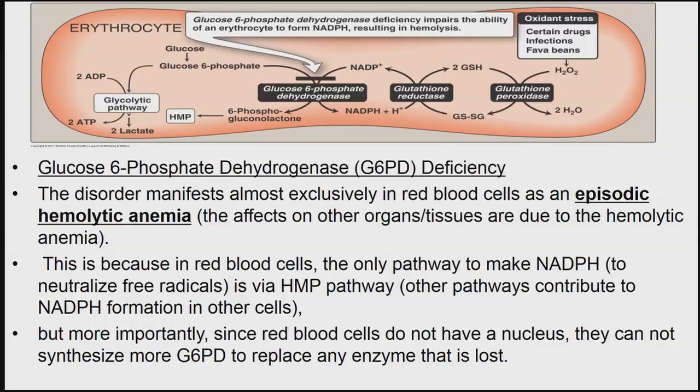But in red blood cells, once they're mature, they've lost the nucleus, and they don't have the ability to make more. So over time, if that enzyme becomes defective, then for the rest of the life cycle of that red blood cell, it's going to be deficient in NADPH. That compromises its ability to neutralize reactive oxygen species.